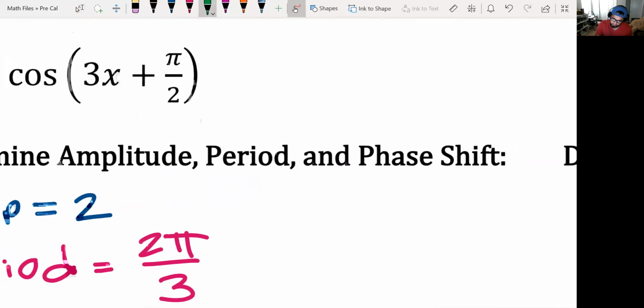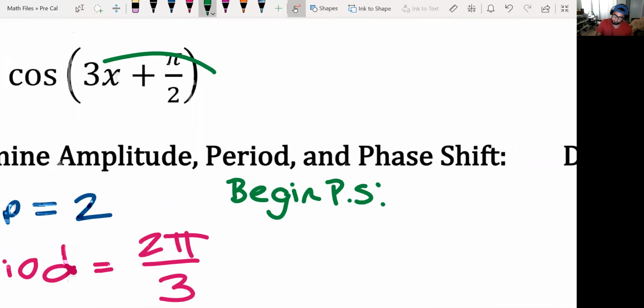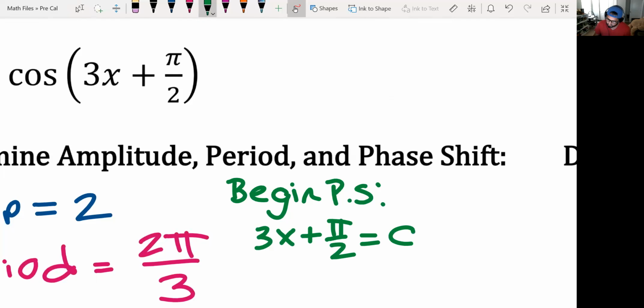So I'll do that over here. I'll say begin phase shift is going to take the inside of this trig function, 3x plus pi over 2, and you set it equal to 0. Now go ahead and solve for x.